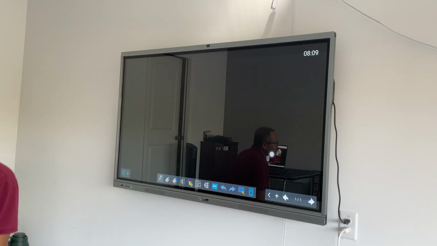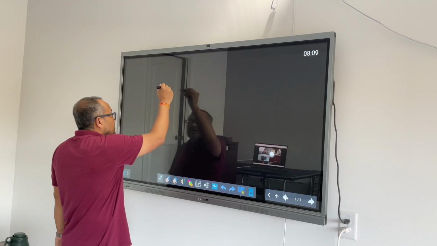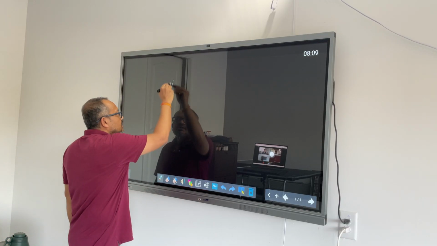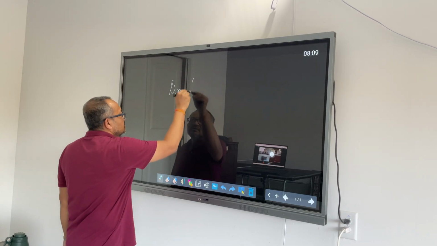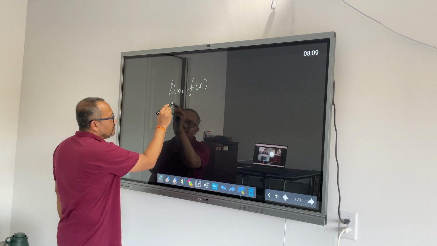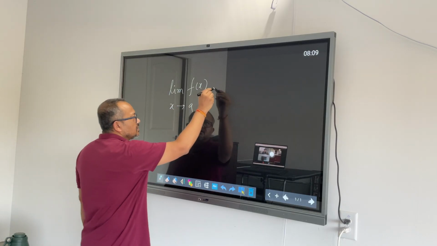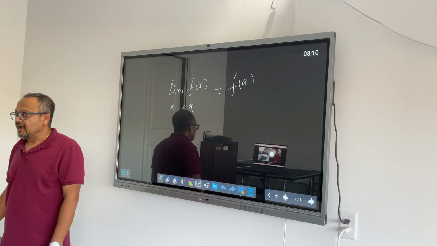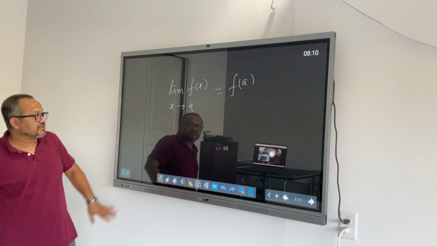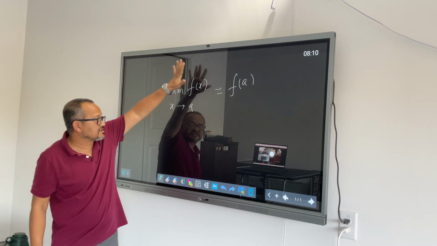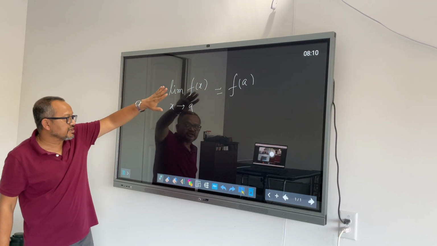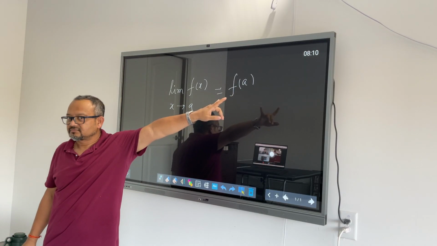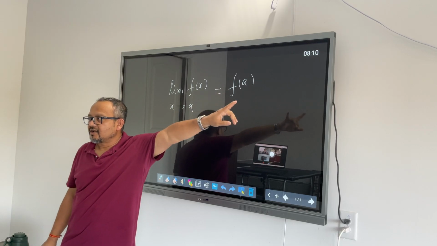Now the most important part. I'm making a very bold statement right now, which says the limit of any function of x, where x is approaching a, is equal to f of a.